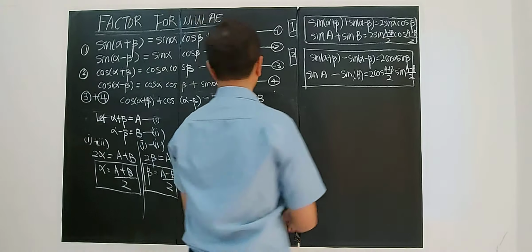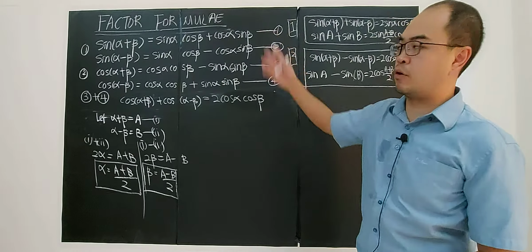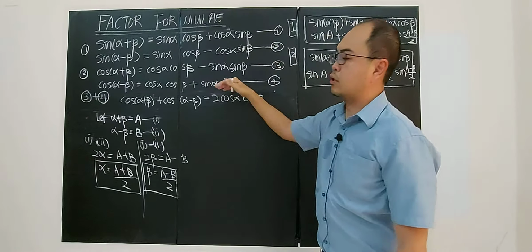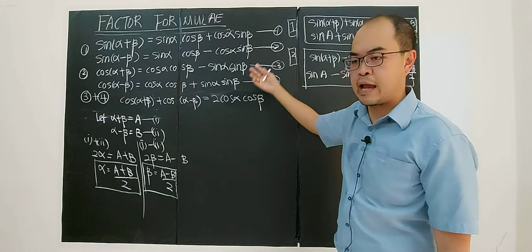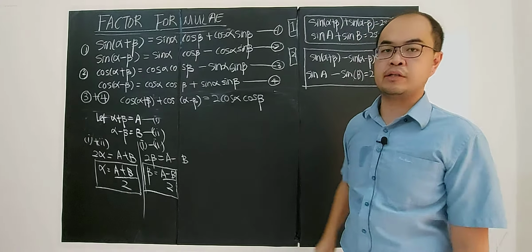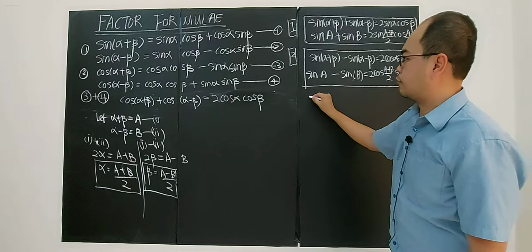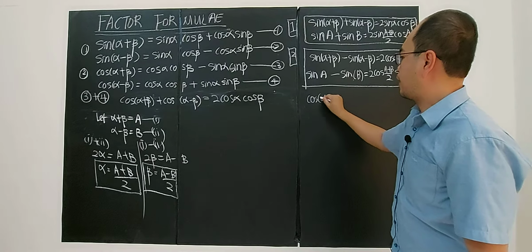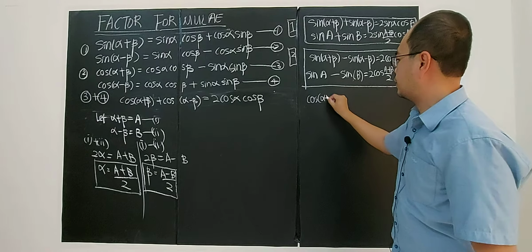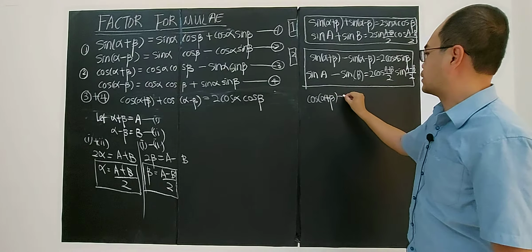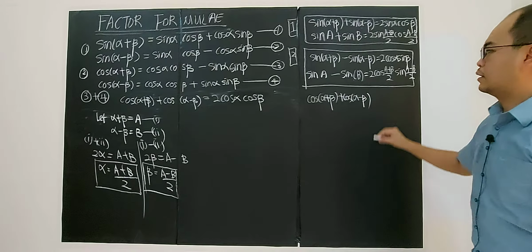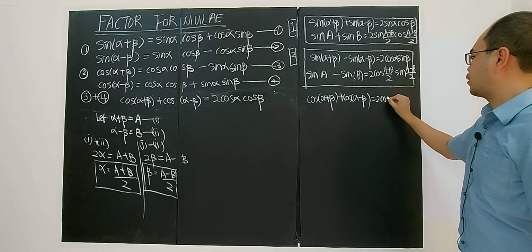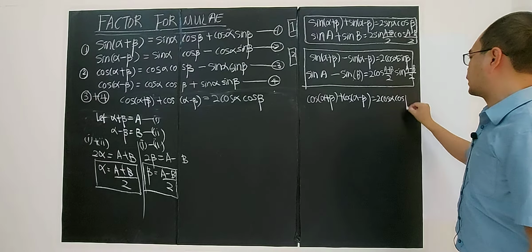Very easy. So to derive the factor formula, you need to list out all the compound angle formulas first. Then from the compound angle formulas, you do adding and subtracting, and you will generate a new formula. So you have cos(alpha plus beta) plus cos(alpha minus beta) equals 2 cos alpha cos beta.